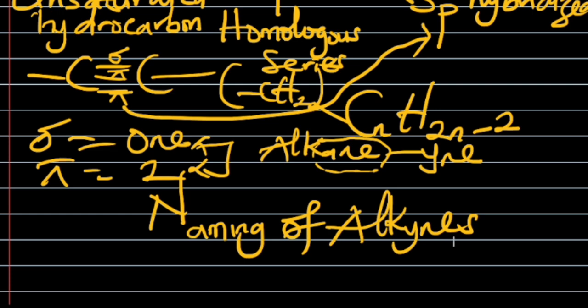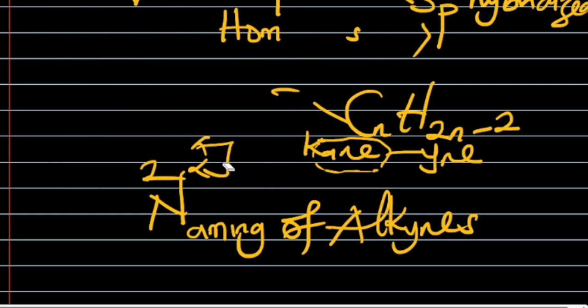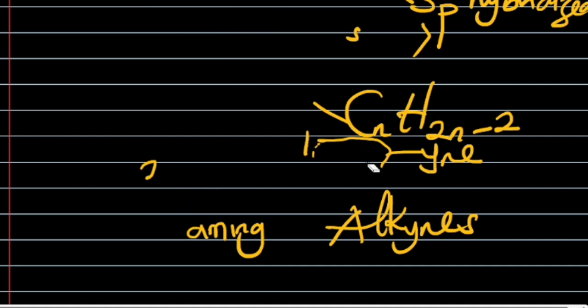For the naming of alkynes, we'll start with when n is equal to 2, because the first member of alkynes is when n is equal to 2. There is nothing like n equal to 1. It is wrong.